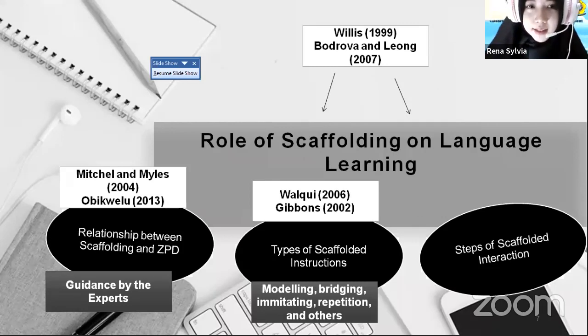Scaffolding itself is an instruction to guide the children to get out from the situation where they cannot do something, by giving instruction that can guide them out of the situation where they don't know what to do next. And what kind of guide? Then Walqui in 2006 and Gibbons in 2002 said that types of scaffolded instruction will be modeling, bridging, imitating, repetition, and others.